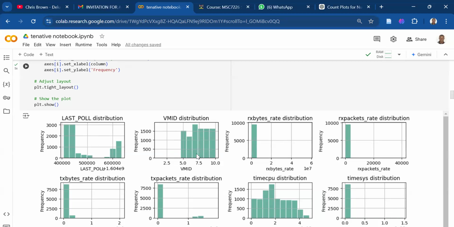As you can see here, there is the greatest number of VM instances between IDs 5 and 7.